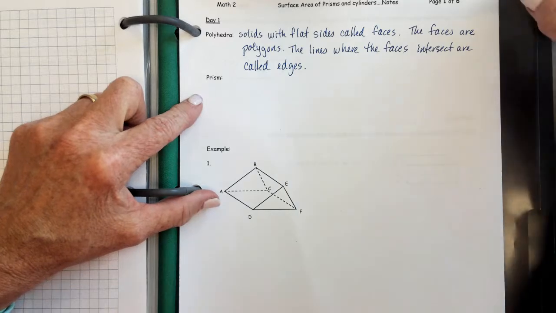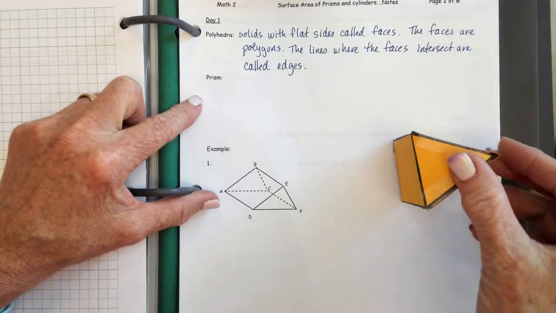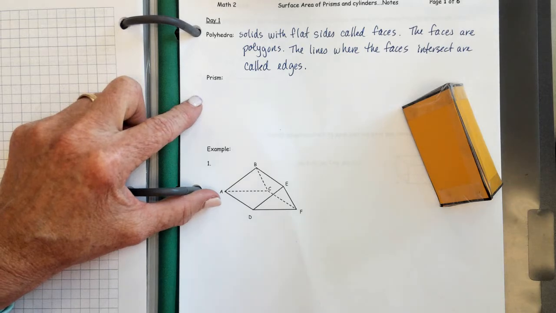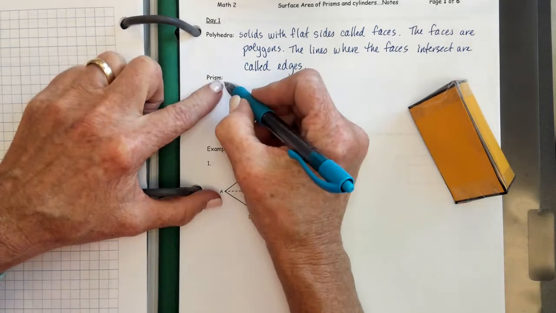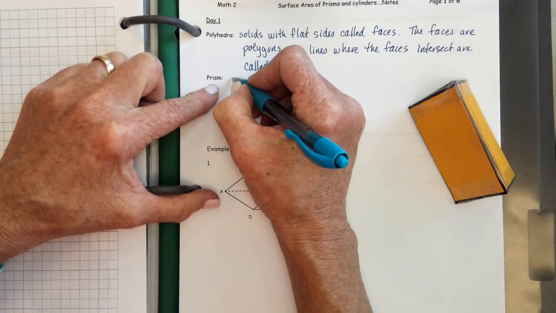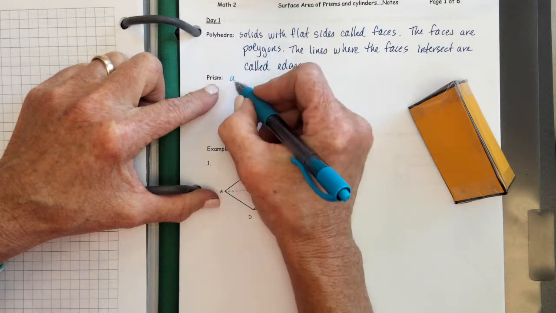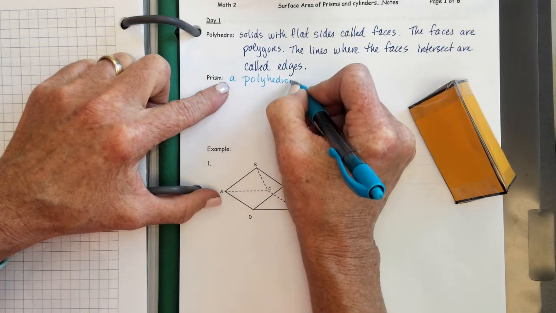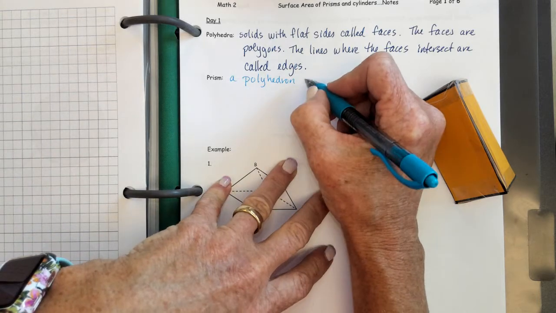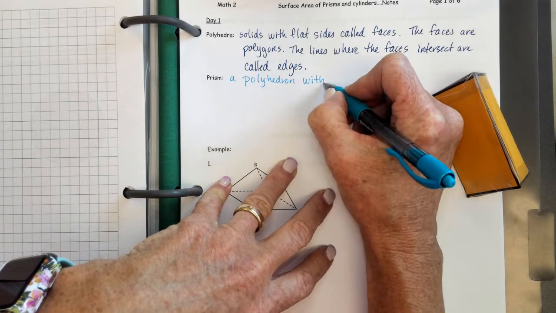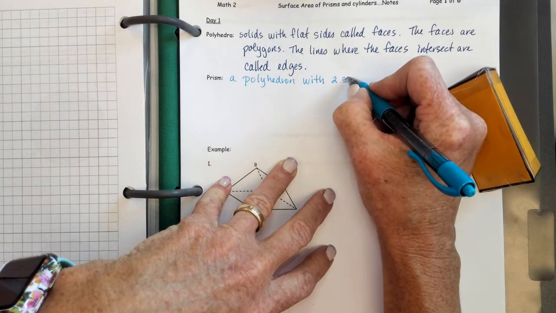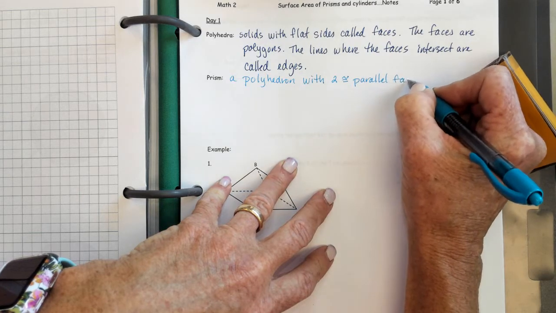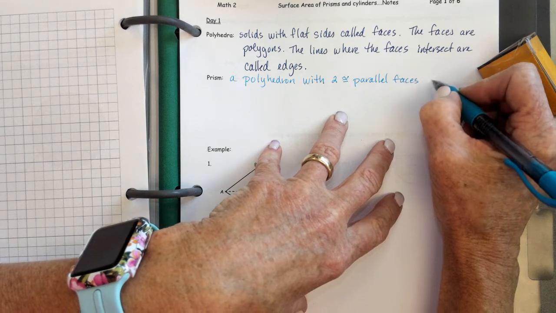Okay, a prism, which is what we're looking at, specifically a prism, is a polyhedron. Polyhedron is singular, polyhedra is plural. It's a polyhedron with two congruent parallel faces called bases.